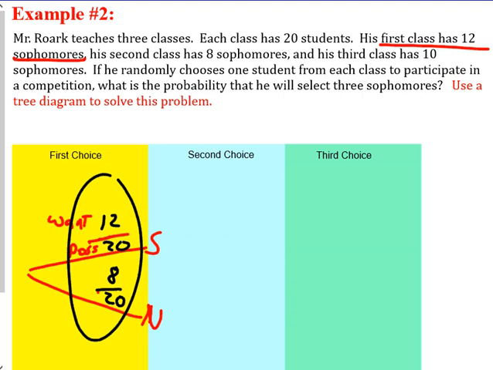All right, now we're going to make our second choice. Notice it's blue. It's this blue column here. And it's either going to go this way or this way. There's two choices. And in my second choice, which is like second hour, I'll either get a sophomore or not.